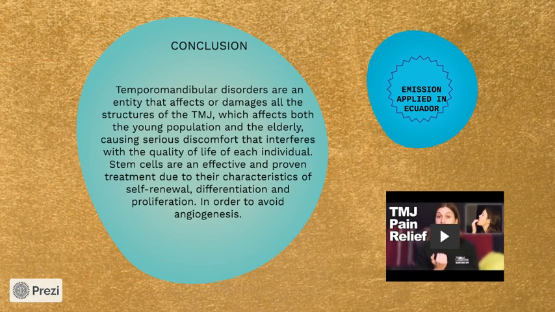And in conclusion, temporomandibular disorders are the entity that symptoms of damage all the structures of the TMJ, which affect both the young population and the elderly, causing serious discomfort that interferes with the quality of life of each individual. Stem cells are an effective and preventive treatment due to their characteristics of cell renewal, differentiation, and proliferation in order to avoid angiogenesis.